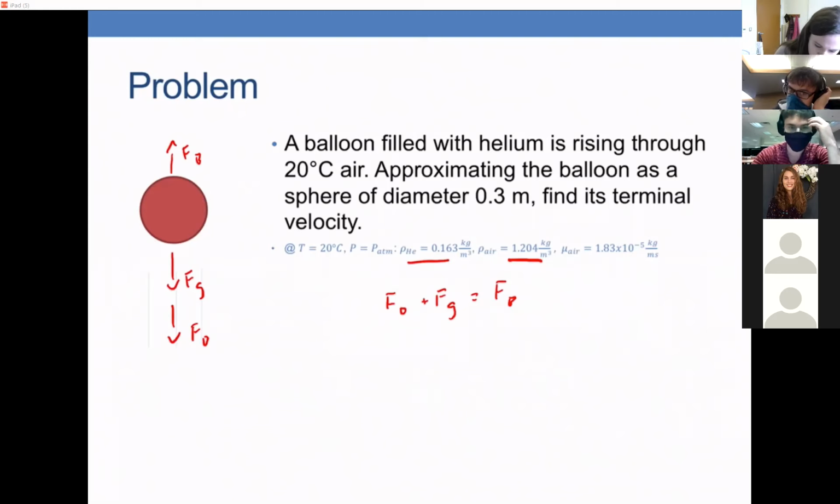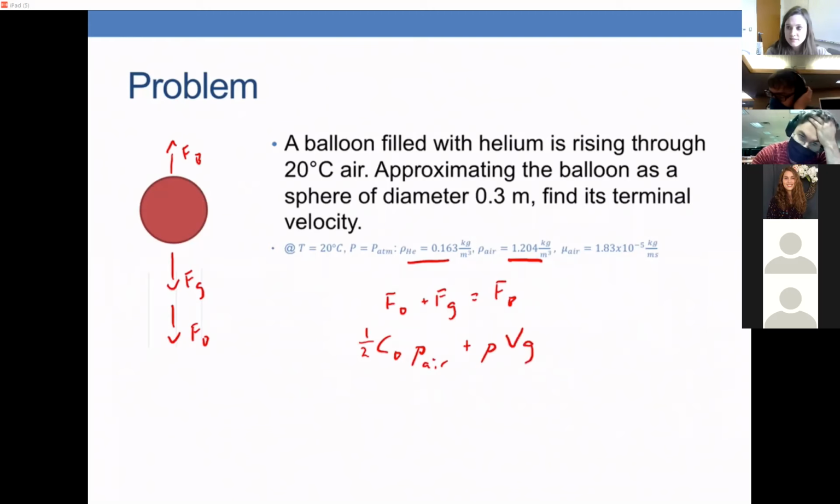Okay, so that'll be 1/2 CD rho. So for the drag force, do I use the density of air or of helium? Air, because the drag comes from the air. Plus the weight, which will be rho times the volume times gravity.